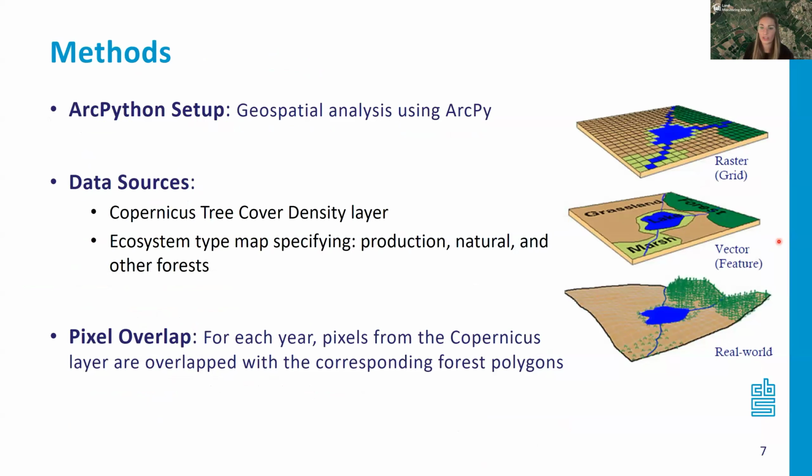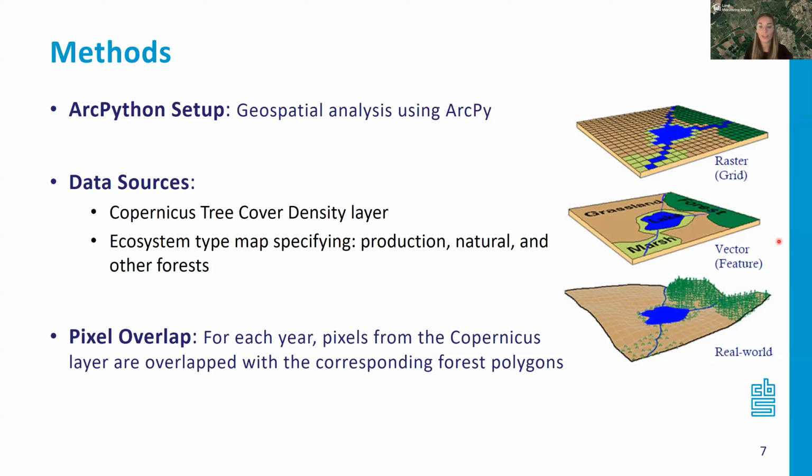So to actually create an indicator of tree cover density for the Netherlands, we set up a geospatial methodology using ArcPython, so a mix of ArcGIS and Python. And the data sources that we used were, of course, the Copernicus tree cover density layer and our own ecosystem type map, which also specifies production forests, natural forests, and other forests.